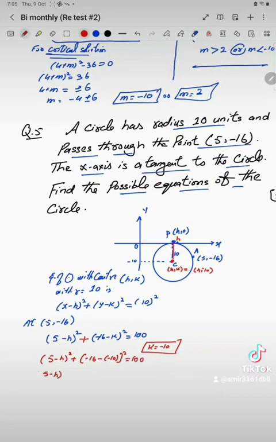So (5 minus h) whole square plus (minus 16 plus 10) whole square is equal to 100, so (5 minus h) whole square plus (minus 6) whole square is equal to 100. I can find (5 minus h) whole square plus 36 equal to 100, so (5 minus h) whole square equal to 64.